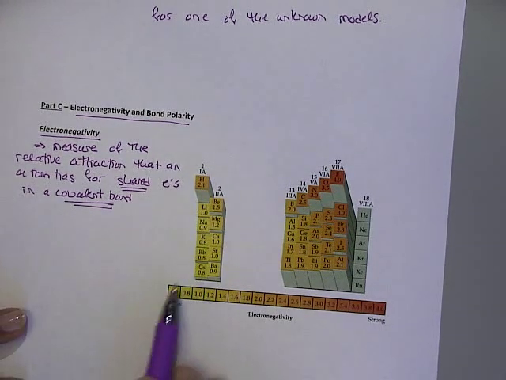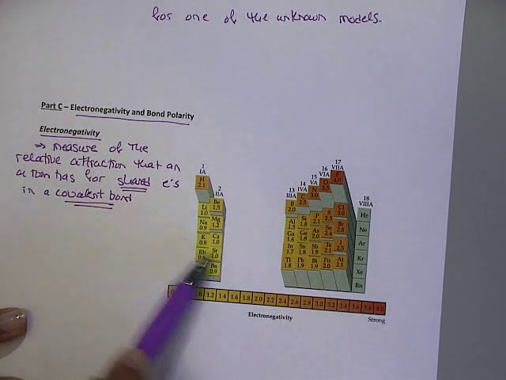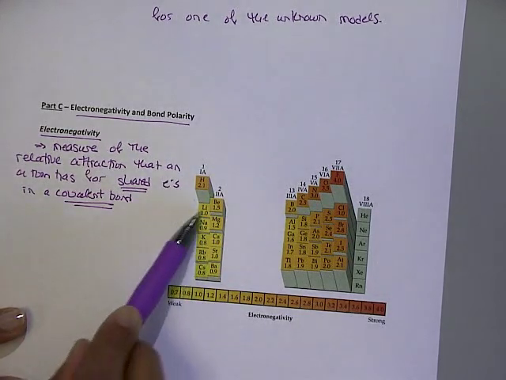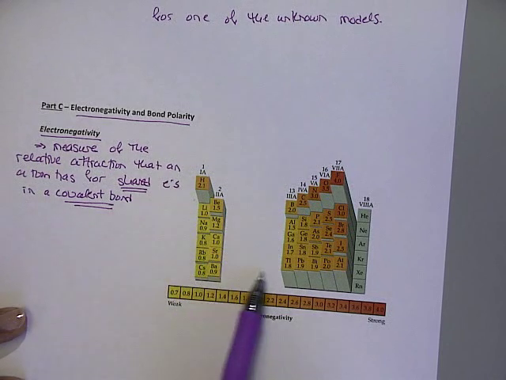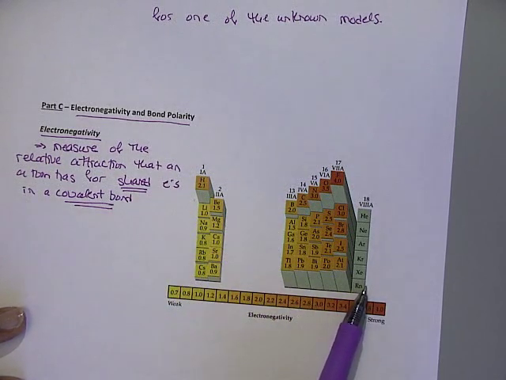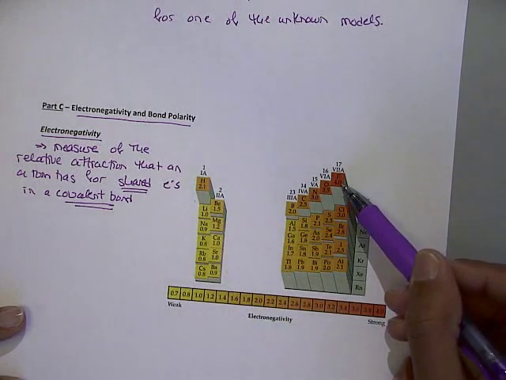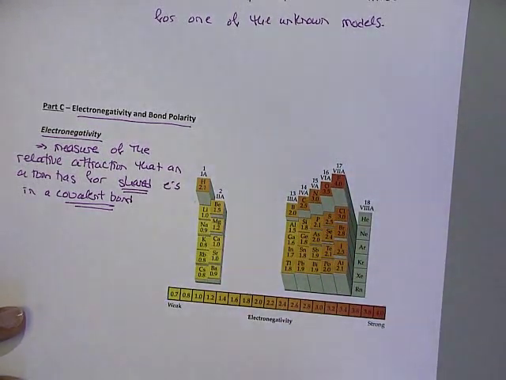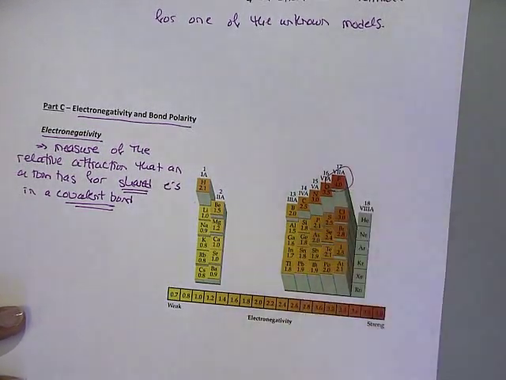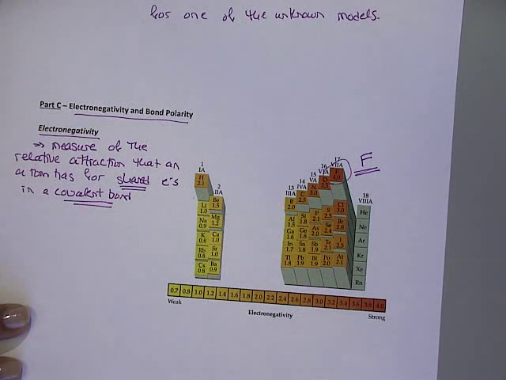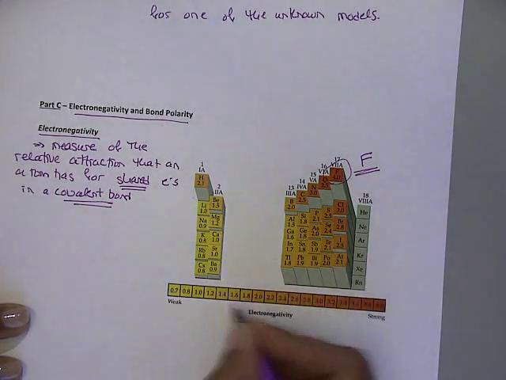So if you notice here, as we go down the periodic table, the electronegativity actually decreases. As we go across the periodic table, it increases. And as you go diagonally across the periodic table, the electronegativity increases, with fluorine being the most electronegative atom in the periodic table. So again, let's go over this trend.